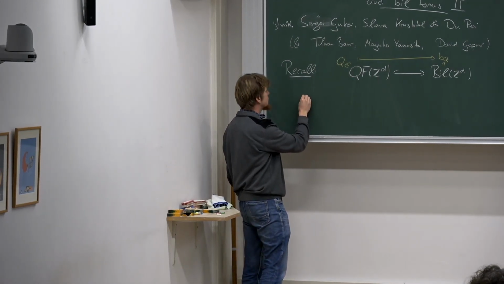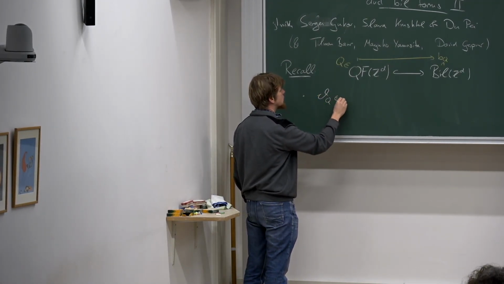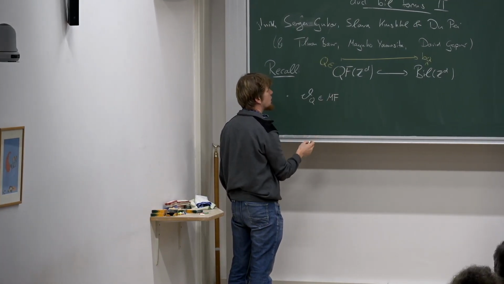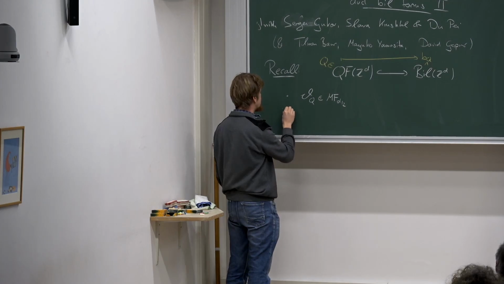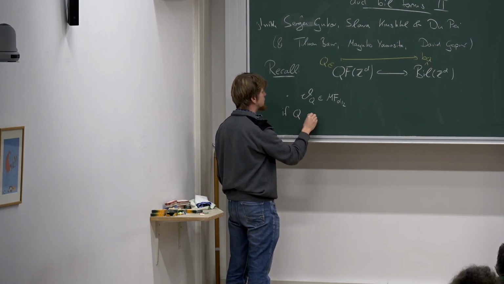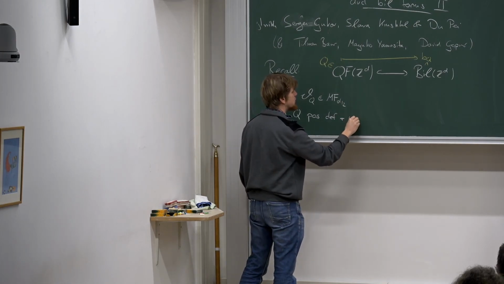And then we had these theta functions. So theta_Q was a certain modular form of weight d/2 if Q is positive definite plus unimodular.